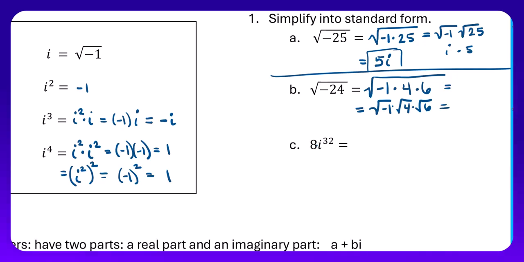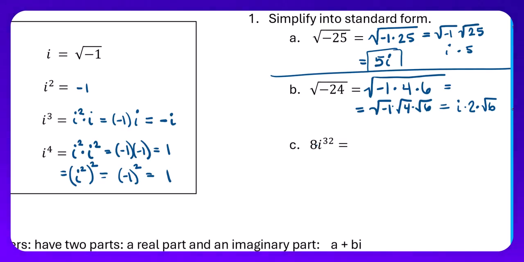Square root of -1 we call I. Square root of 4 we know is 2. Square root of 6 is not nice, so we leave it. And not nice meaning it's not going to be an integer or terminating decimal. It extends forever, non-repeating, right?